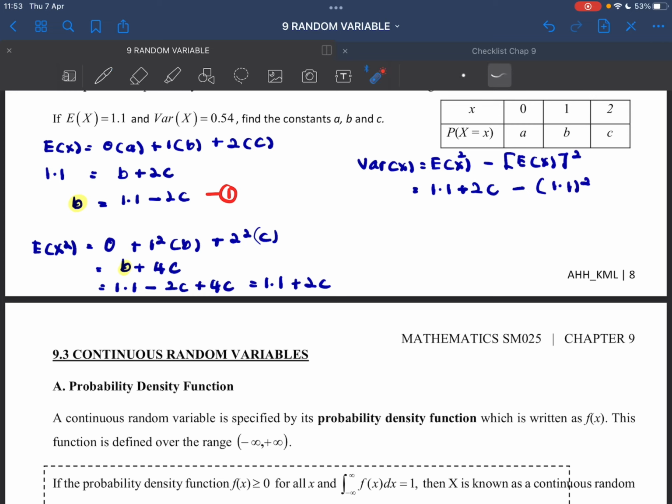And the variance is also given in the question, 0.54. Okay, simplify. 0.54 plus 1.1 squared minus 1.1, you'll get equal to 0.65, which is 2c. So your c is going to be 0.325.